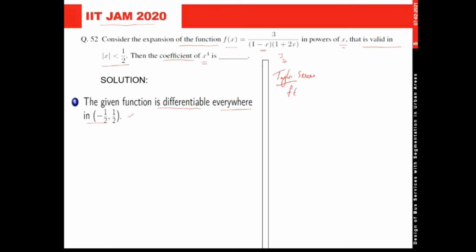Sir, audio is not clear. Excuse me. Audio is not clear, sir. Okay, Asif, you can continue. It may be due to some network issues on your side. I think the audio is clear to everyone.